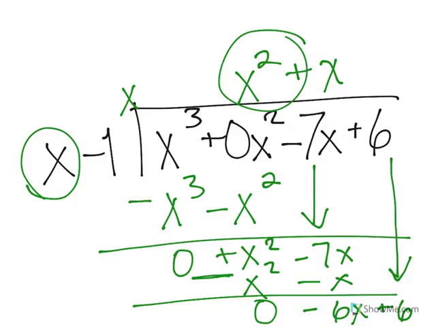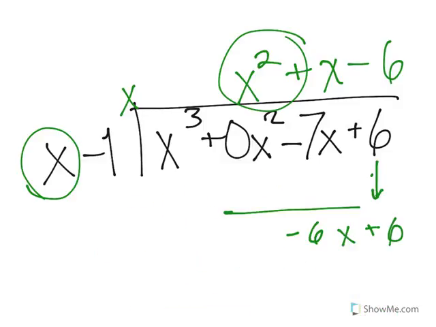x times what gives you negative 6x, and that's times -6. I just erased and moved everything up because I didn't have enough space. So negative 6 times x gives you negative 6x. Negative 6 times -1 gives you 6. So we plus 6.